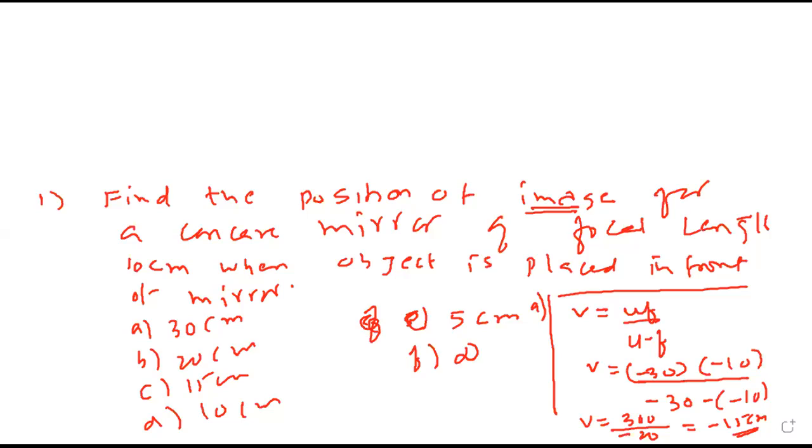Done. Second also done. Second what you got? Minus 20. The rest you do as homework. Next question.